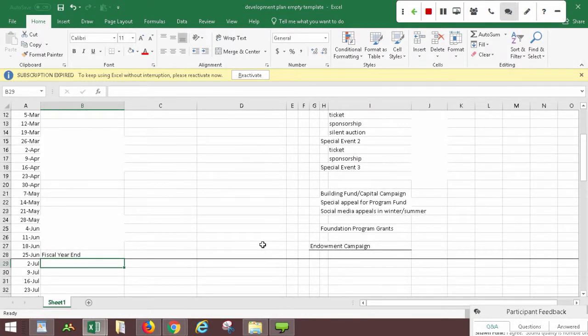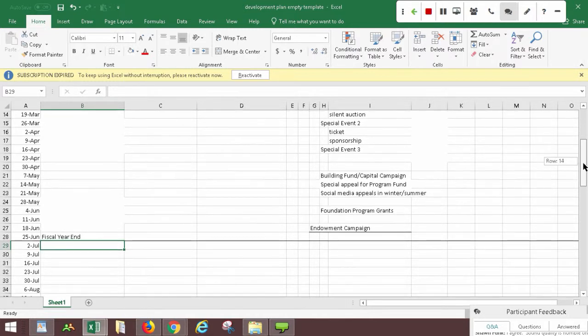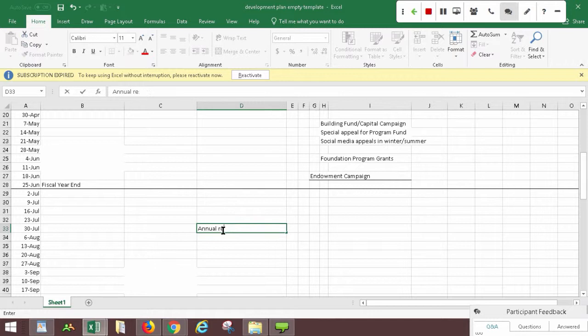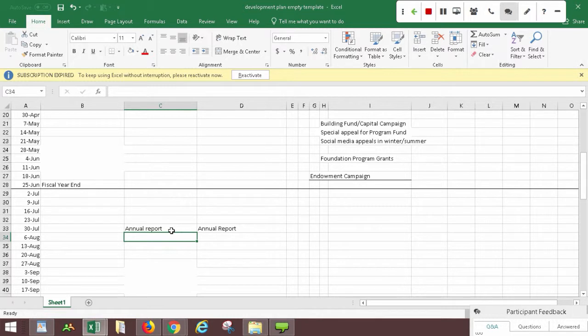Your donors don't really know or care when your fiscal year ends, other than perhaps, if you're on a fiscal year end, then your development team and your communications team is probably working on an annual report that is going to be distributed sometime after the end of July through the month of August, maybe early September at the latest.